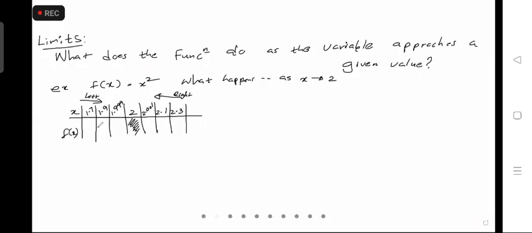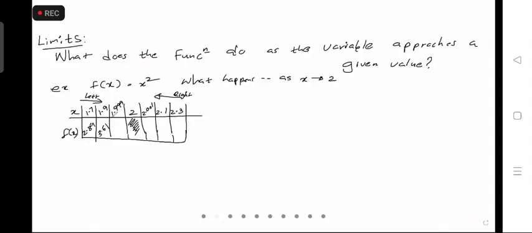Okay, can you find the answers for the function f(x) equals x squared? Starting from here, you can tell me the values. What is 1.7 squared? 2.89. Then 1.9 squared? 3.61.